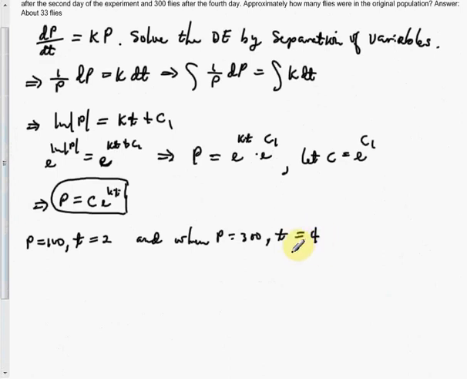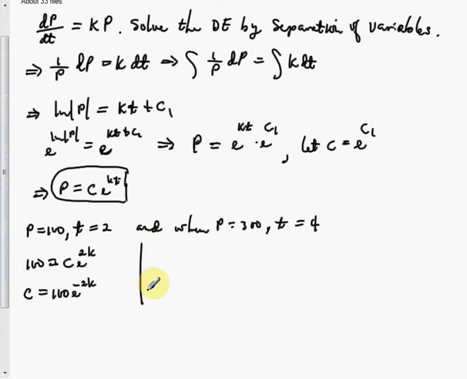Let's take that information and see if we can produce the constant C and the constant of proportionality k. So I take 100, that's equal to C times e to the k times t, so that's going to be 2 times k. Now from there I can isolate the C and say that C is equal to 100 times e to the negative 2k.